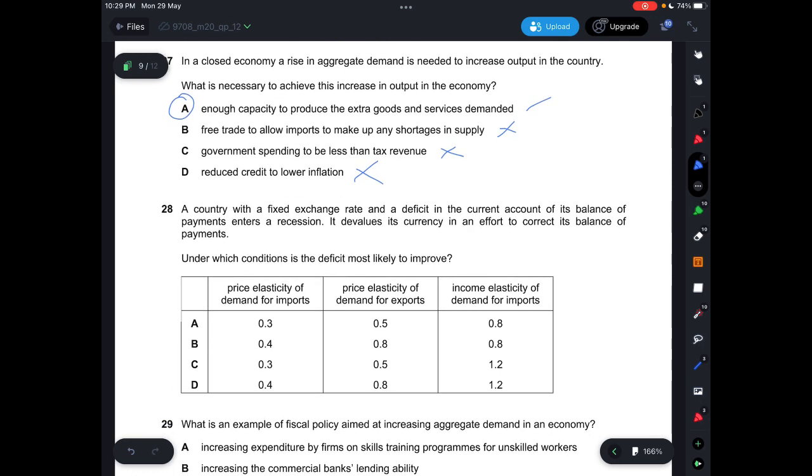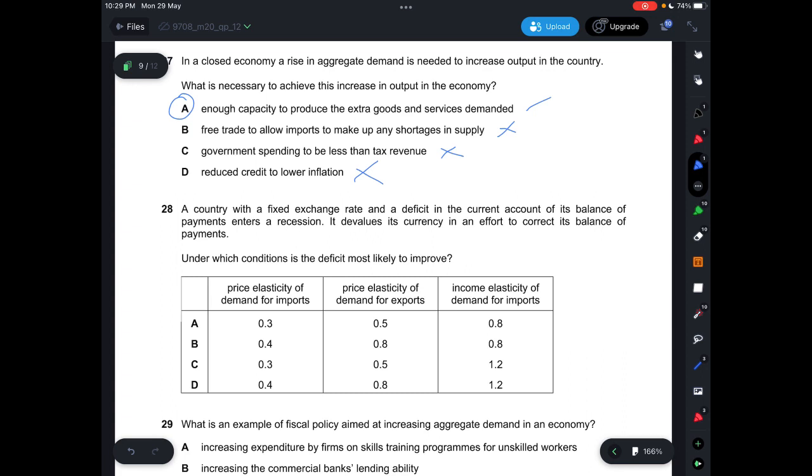In question 28, a country with a fixed exchange rate and a deficit in the current account of its balance of payments enters a recession. It devalues its currency in an effort to correct its balance of payments, and under which condition is the deficit most likely to improve? For the deficit to improve, this is based on the Marshall-Lerner condition. That means the sum of PED for imports and exports must be more than 1.